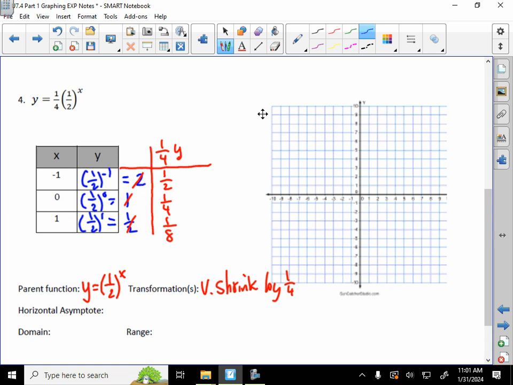All right, so plotting these points, negative 1, and then up a half. 0, 1/4, too small here. And then 1, 1/8, that's even smaller. So now connecting these, this is what it's going to look like.